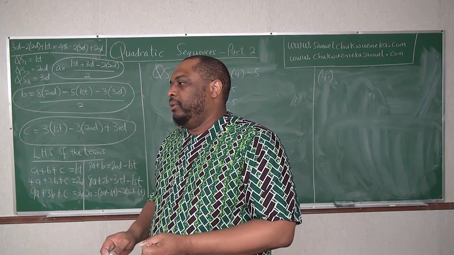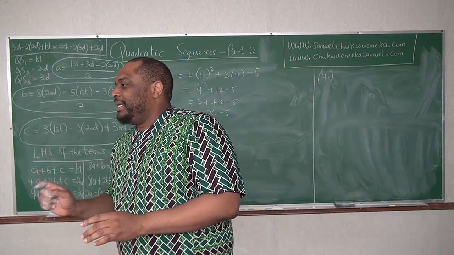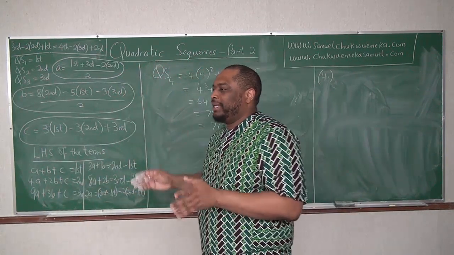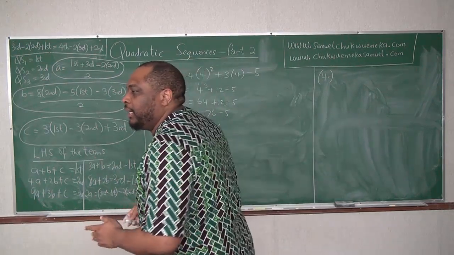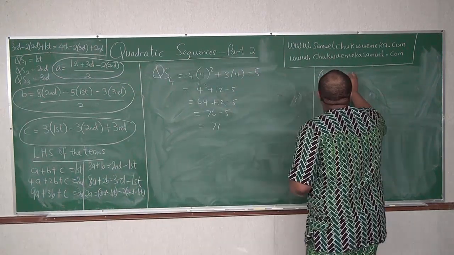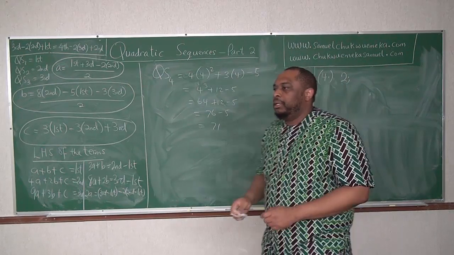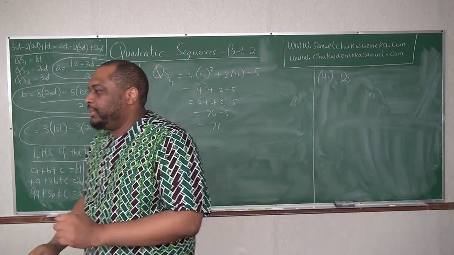Okay, question 4. It says here, given the quadratic sequence 2; 3; 10; 23, I have no idea why they use semicolon.